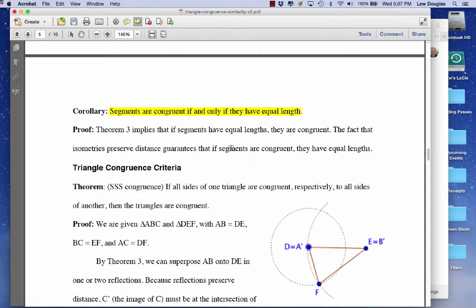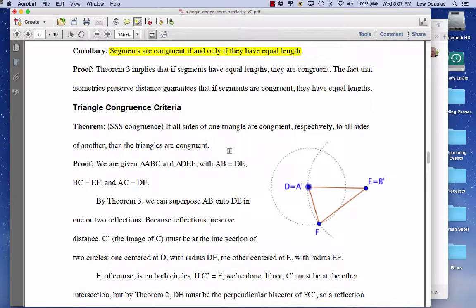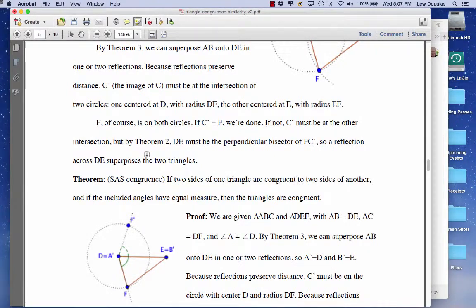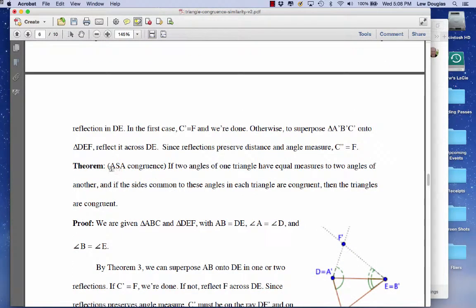All right, and then these are no longer postulates. Using these assumptions and theorems, and only these, we can prove SSS congruence. We can prove SAS congruence. We can prove ASA congruence.